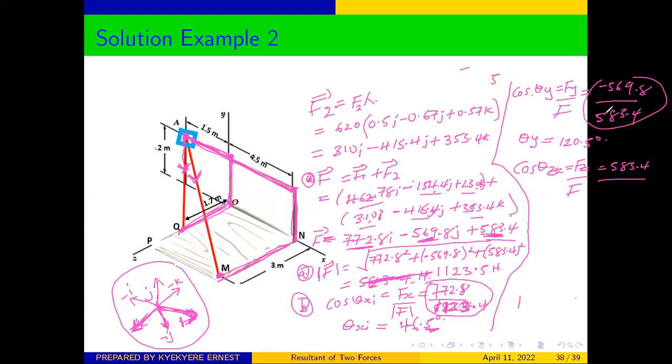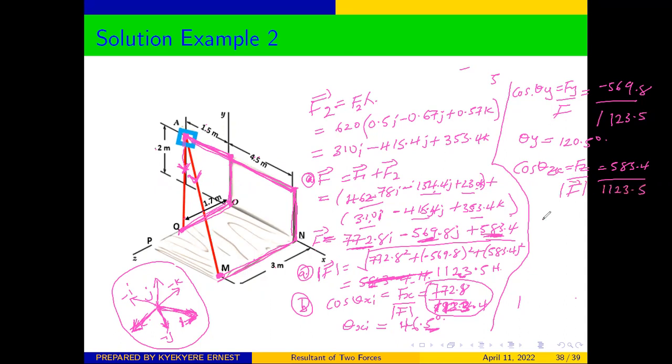And this one should not also be 583.4, but it should rather be the resultant of the forces, 1123.5. Sorry for that. And here our magnitude of F will also be 1123.5.